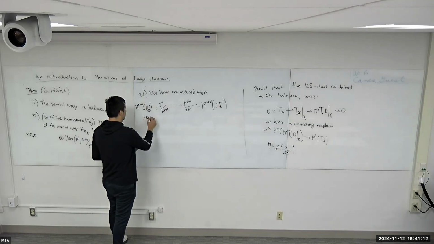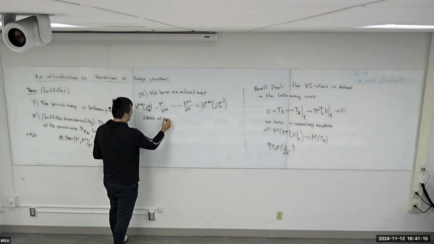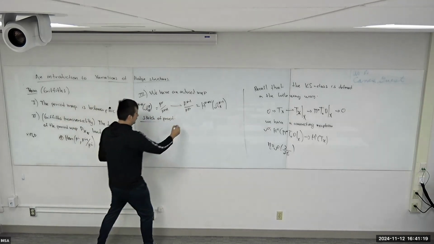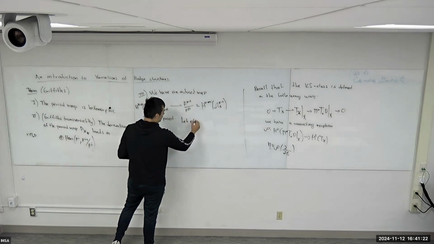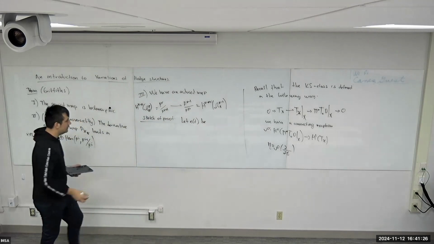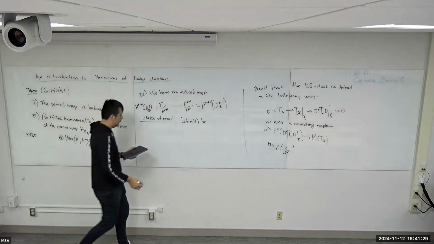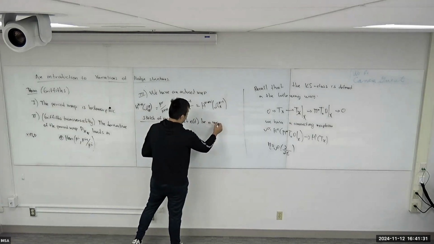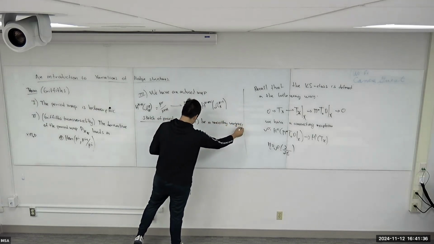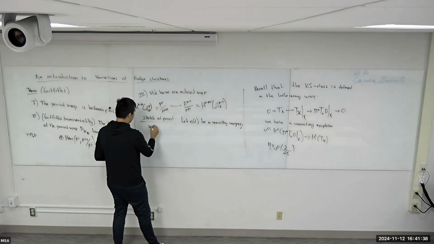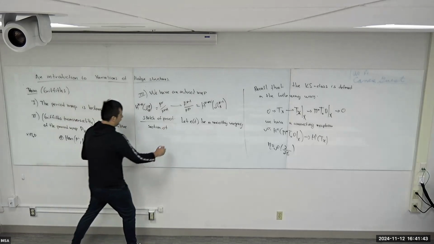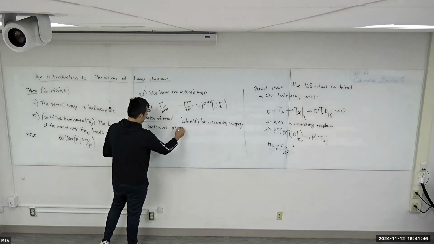So, sketch of the proof. We need to consider a smooth section, a smoothly varying section of Fi, Hk.